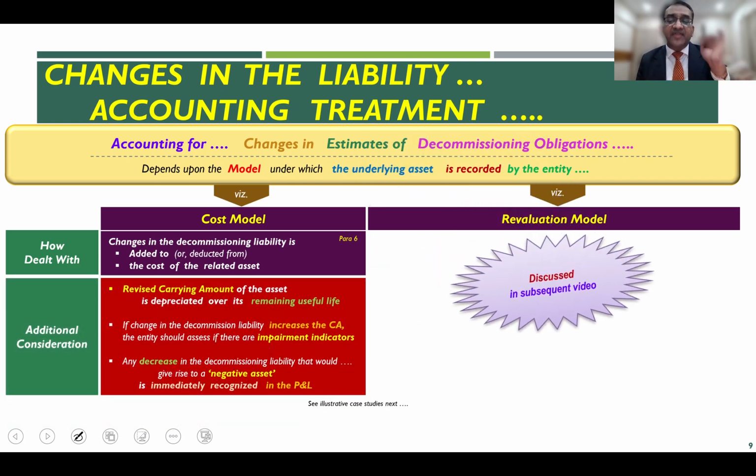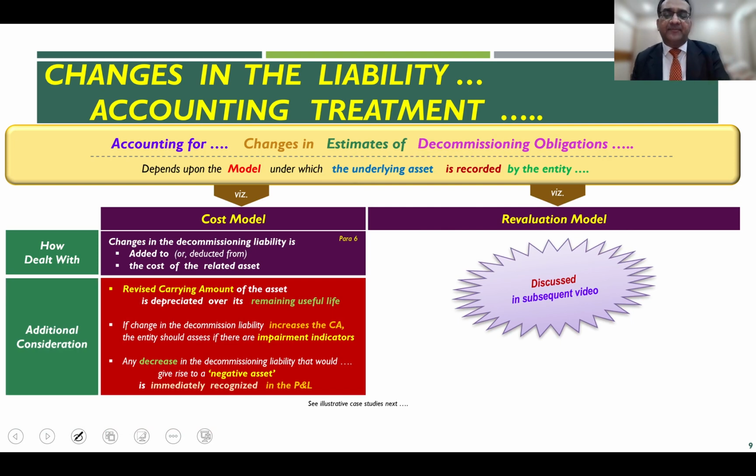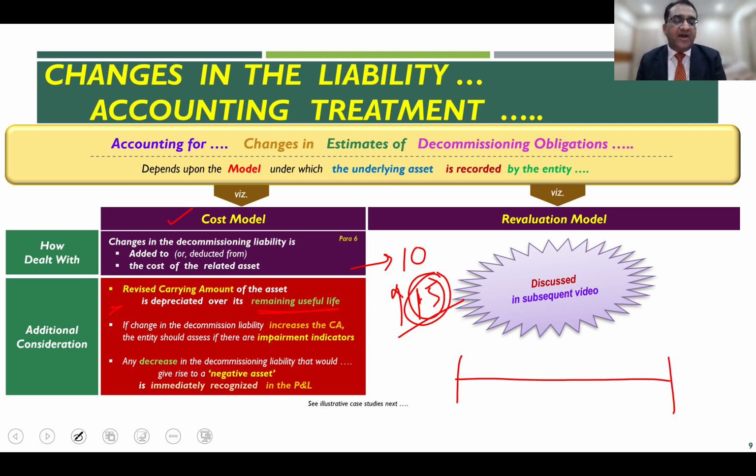Then there are additional considerations. For example, let us say the carrying amount of the PP&E was 10 and the liability is increased from 10 to say 15. So there is an increase of 5. The revised carrying amount of 15, if you are applying cost model, is depreciated over the remaining useful life. What does it mean? Let us say you had a 10-year life of the PP&E. At the end of the third year, your estimate changed and the liability increases from 10 to 15.